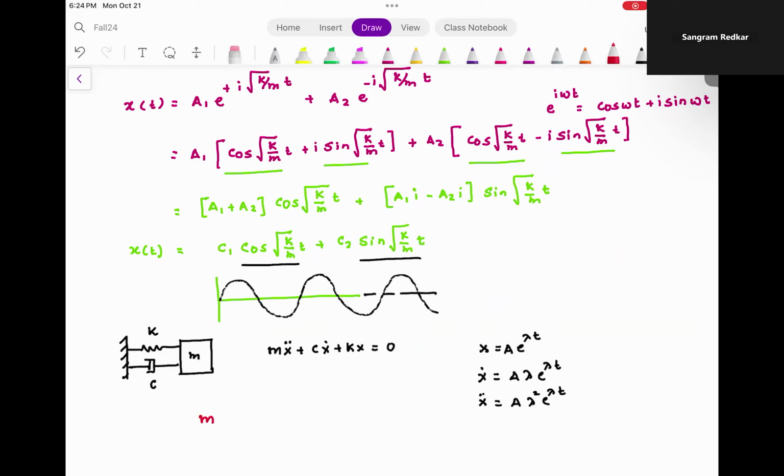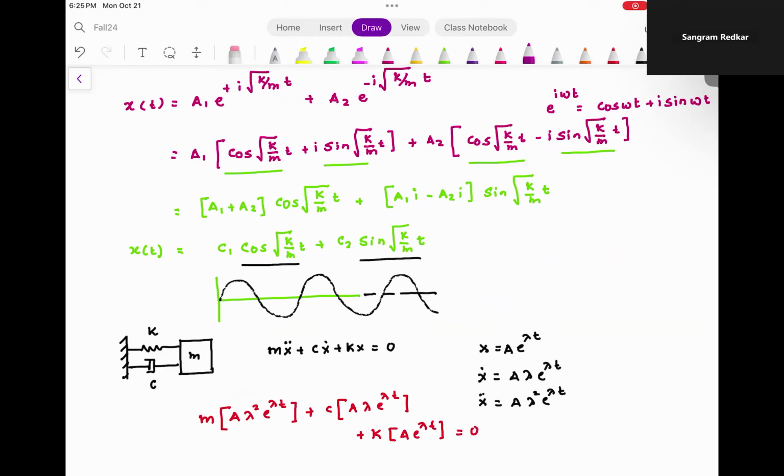So you are going to get m A lambda square e to the lambda t plus c A lambda e to the lambda t plus k A e to the lambda t is equal to 0.